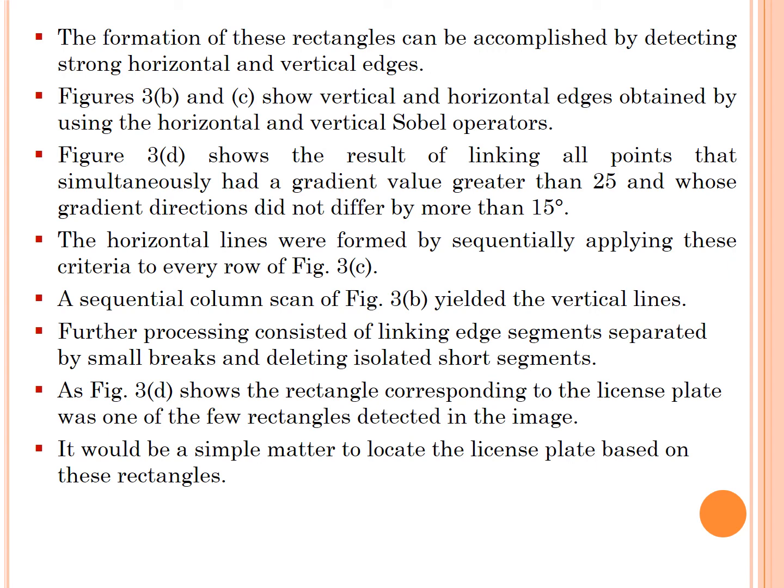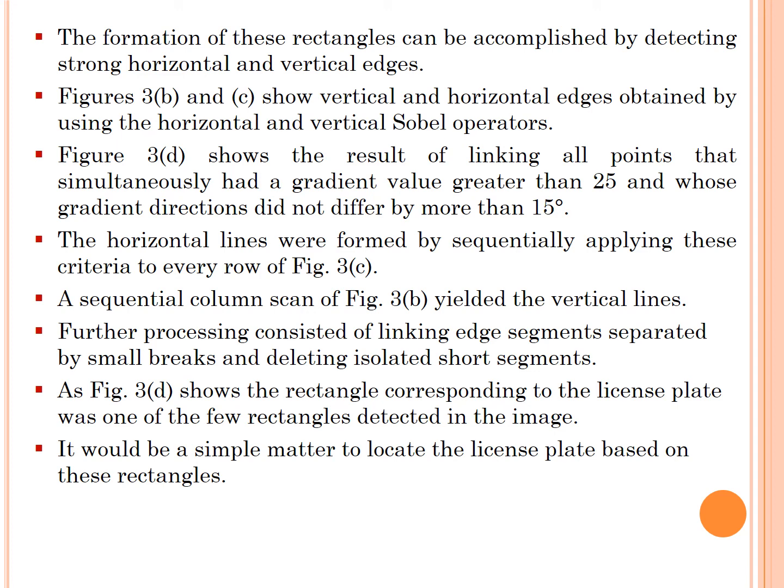The formation of these rectangles can be accomplished by detecting strong horizontal and vertical edges. Figures 3b and 3c show vertical and horizontal edges obtained by using the horizontal and vertical Sobel operators. Figure 3d shows the result of linking all points that simultaneously had a gradient value greater than 25 and whose gradient directions did not differ by more than 15 degrees.